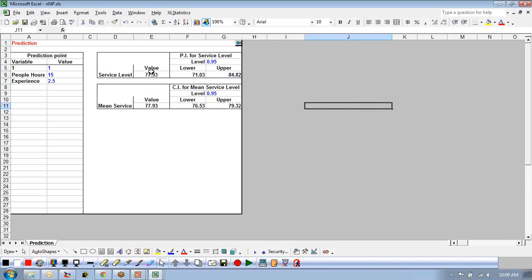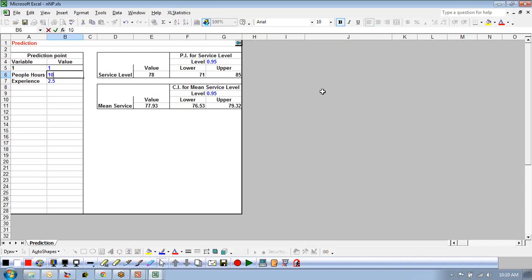There we go. So our service level, we would be predicting, here's the prediction interval right here, would be 78 plus or minus a few, and we're pretty confident, 95% confident, that it's going to be between 71 and 85. Now that's a lot tighter than it was before.